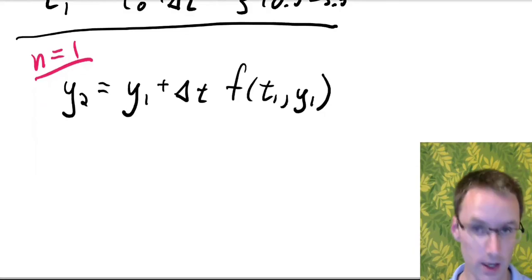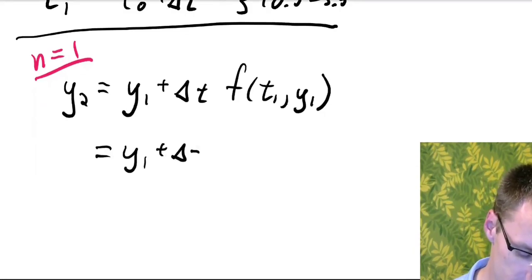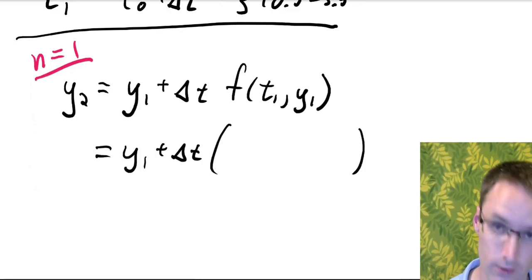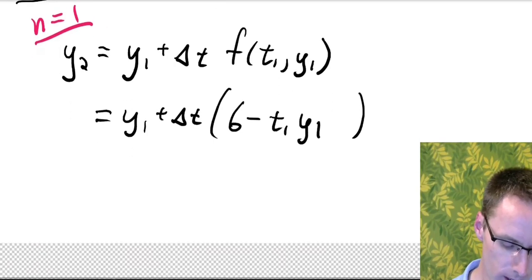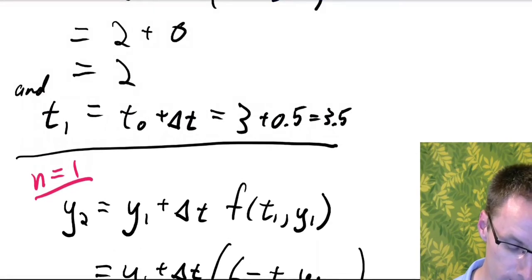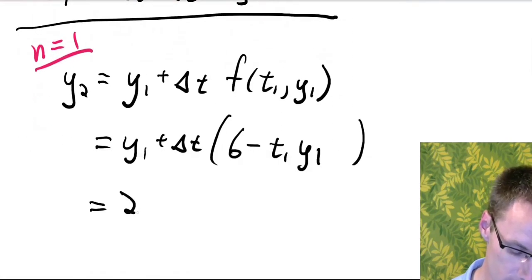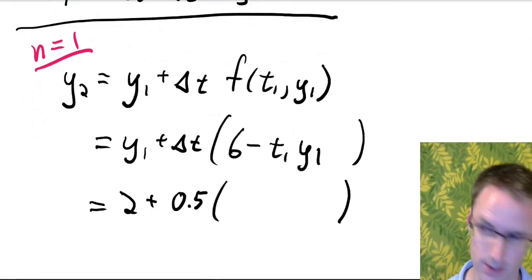Just repeating Euler's method. Now filling in our specific value for f, we get here 6 minus t1 times y1. And using our values that we calculated above, we had y1 is 2. Delta t is 0.5 all the time. It's just a uniform time step, the same time step size every single time.